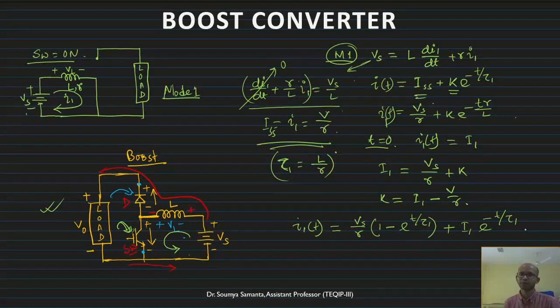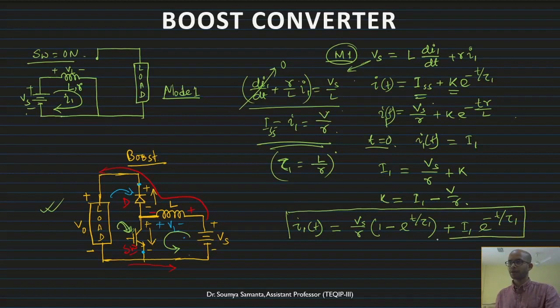So this is the final expression for I1 during the transient conditions, the transient behavior. This is expression number 1.